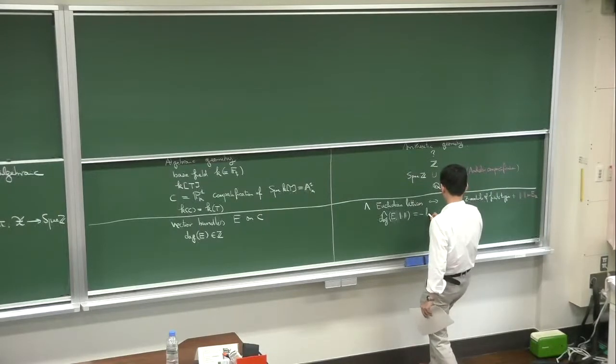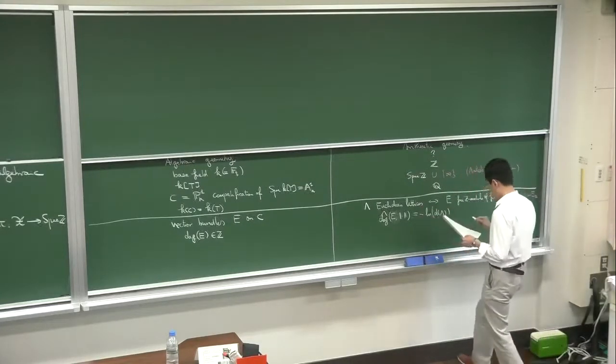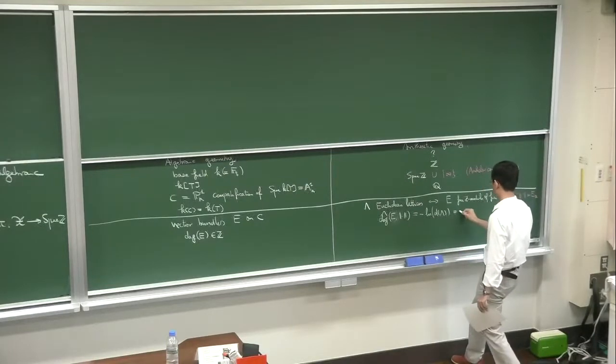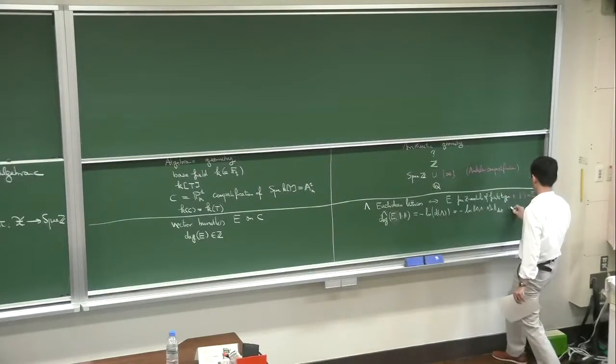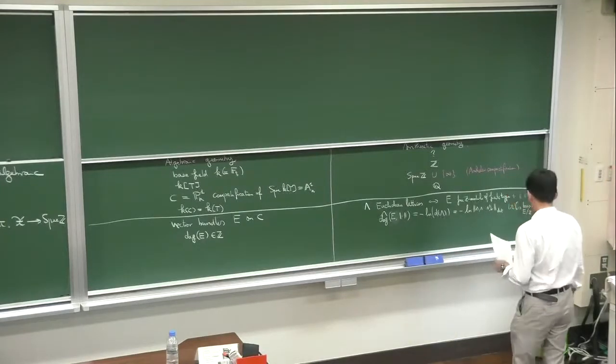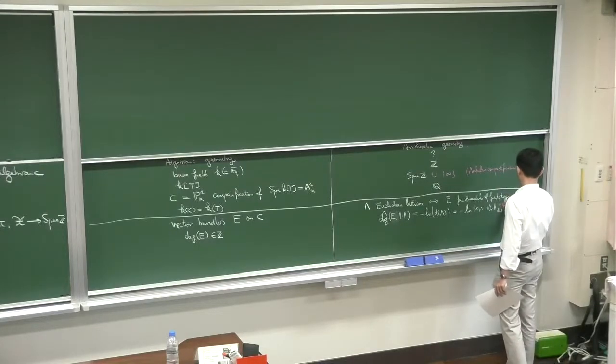So here you find the minus log of the determinant. This is the invariant corresponding to the degree here. I remind you that this is minus log of ‖s_1 ∧ ... ∧ s_r‖ for the determinant norm, where s_1, ..., s_r is a basis of E over Z. In general, this is not an integer but rather a real number.